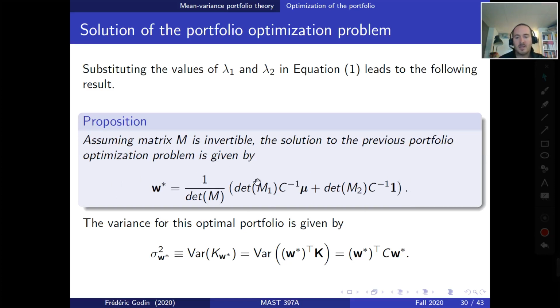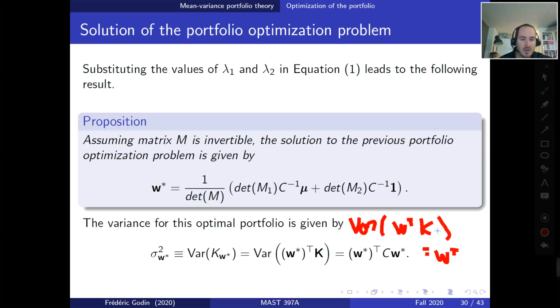So what is the variance for this optimal portfolio? Recall the variance of a portfolio. The portfolio return is W transpose K, so the variance of the portfolio return is equal to W transpose times the variance of the returns times W. This formula is in the preliminary slides.